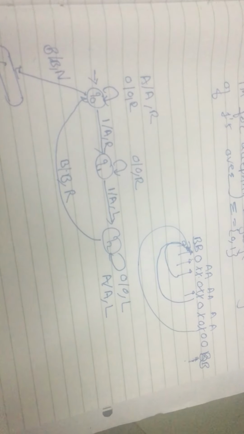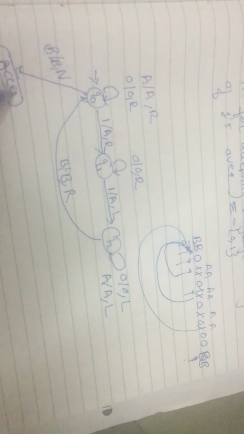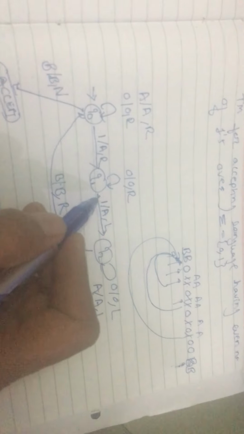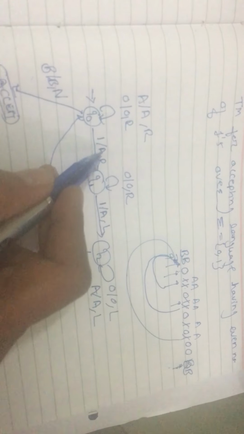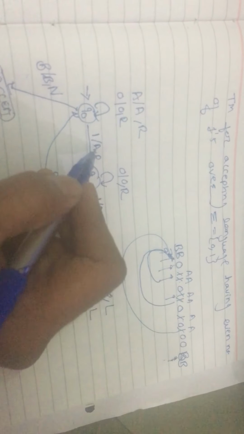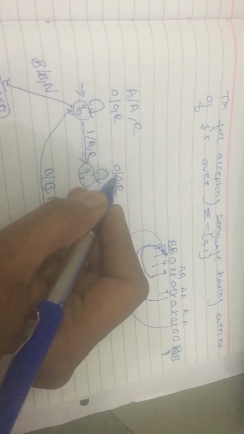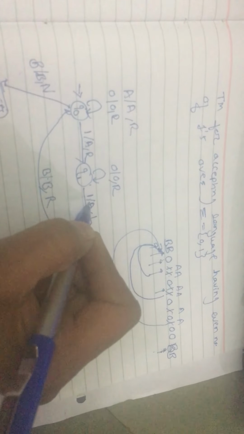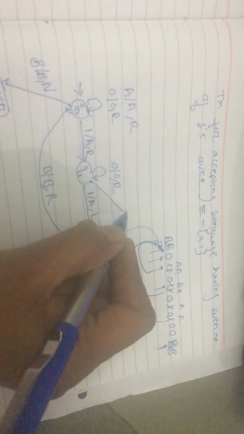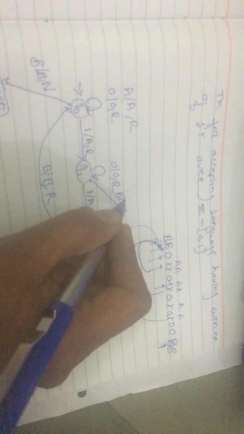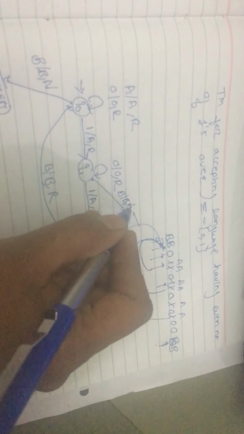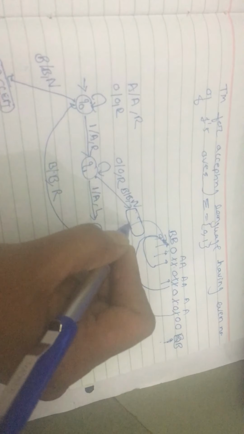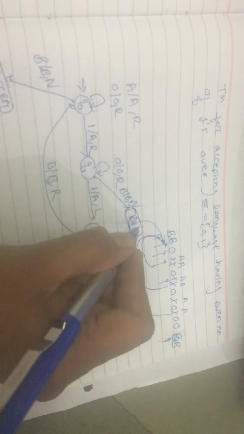now stop the procedure and accept the string. It means the string has an even number of ones. For an odd number of ones, at least one A is marked here, and after this A it keeps all zeros and ones, and if it doesn't get a second 1, it will get the blank cell. This blank cell stops the procedure, and it means the string is invalid, that is, reject.